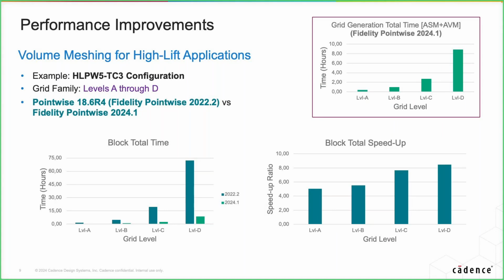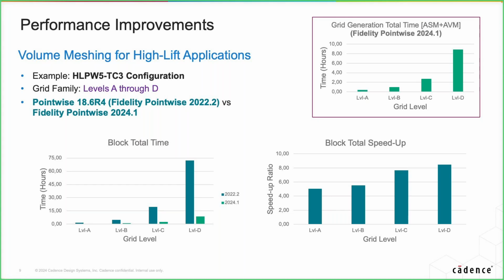On the next slide, we have the performance improvements. I just want to note that these numbers are relative to version 2022. As I mentioned, some performance work was done in version 2023, so we really wanted to show the delta to 2022 from the current release.